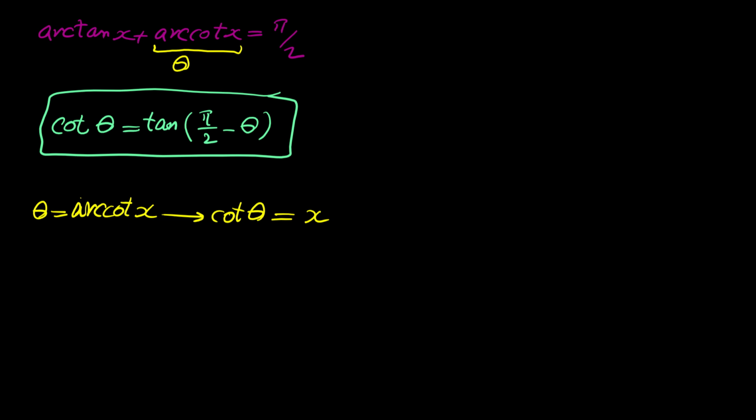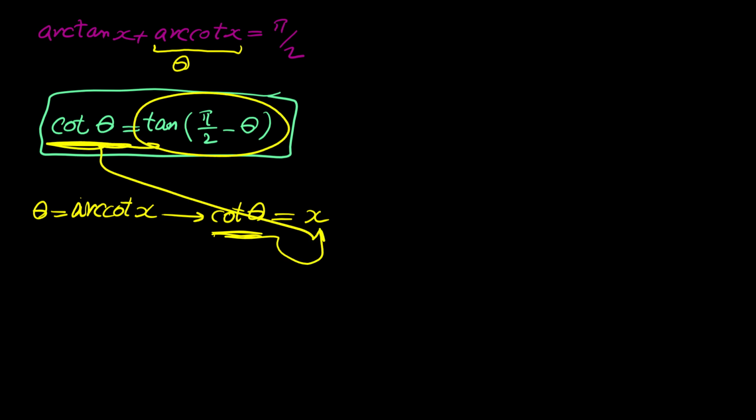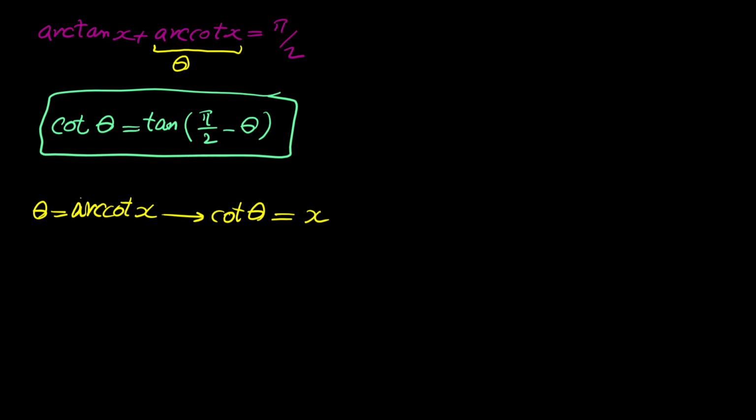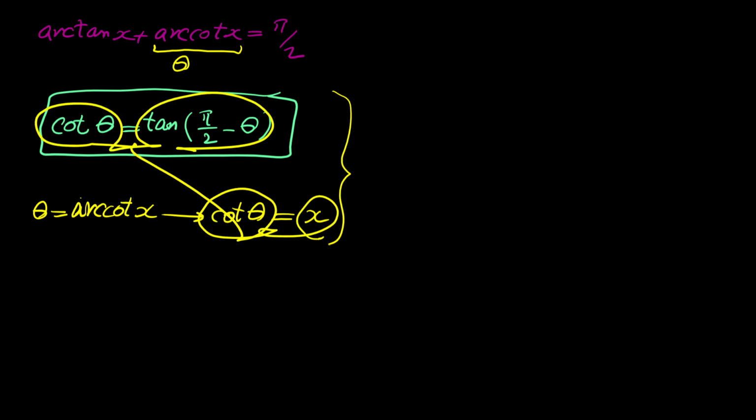Now, please pay attention. Now we want to use the relation. Because cotangent of theta is x, and also cotangent of theta is equal to this, which is always true, by combining these two relations, x is cotangent theta, and cotangent theta equals this, so we can conclude that x equals tangent of pi over 2 minus theta.